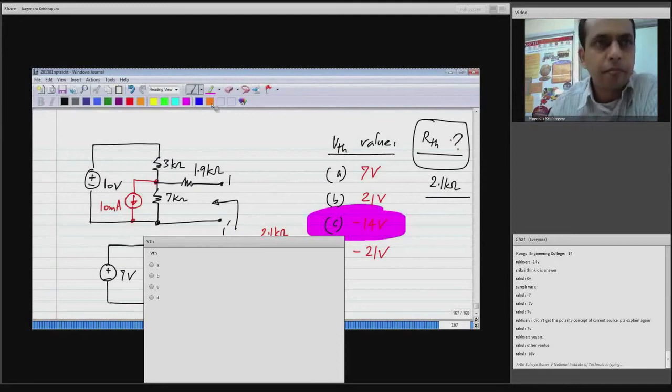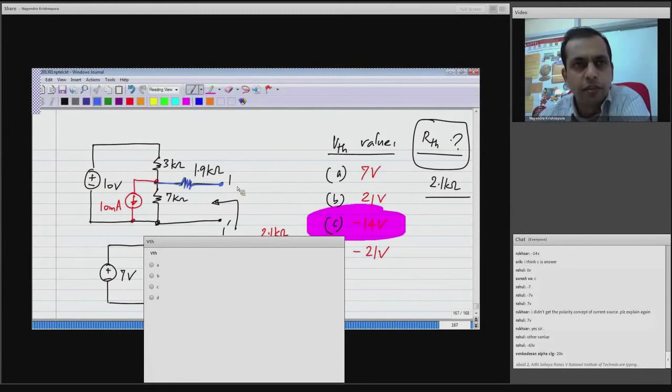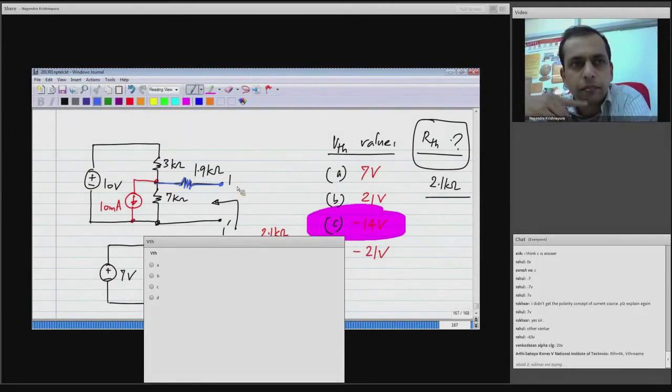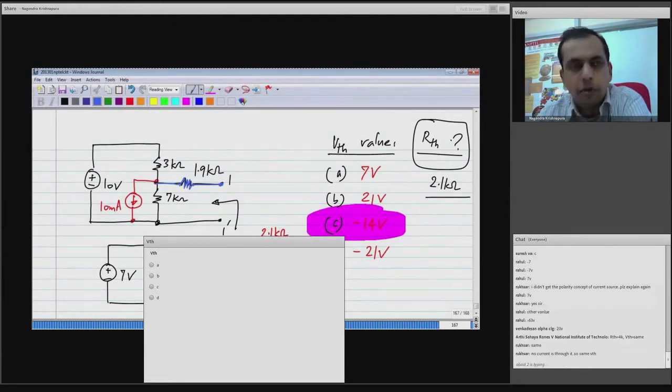Okay, now please tell me, how will VTH and RTH change? For this new circuit with this 1.9 kilo ohm resistance, what will be the value of VTH? Previously when we didn't have this, this was the value of VTH. Okay, so what is the value of VTH when we have that 1.9 kilo ohms?